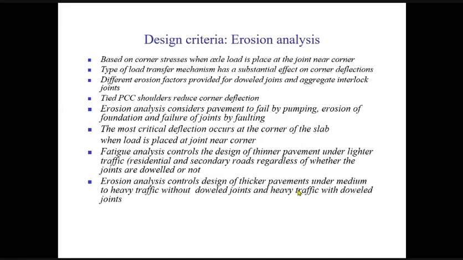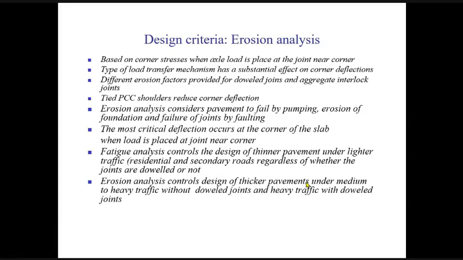Tied shoulders reduce corner deflections. Erosion analysis considers a pavement to fail by pumping, erosion of the foundation, and failure of the joints. The most critical deflection occurs at the corner of the slab when the load is placed at the joint near the corner.